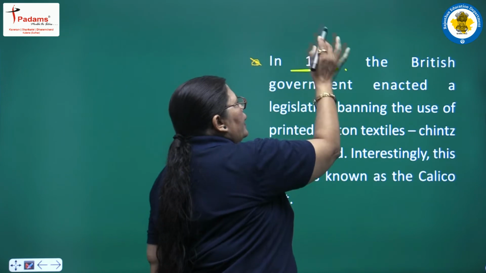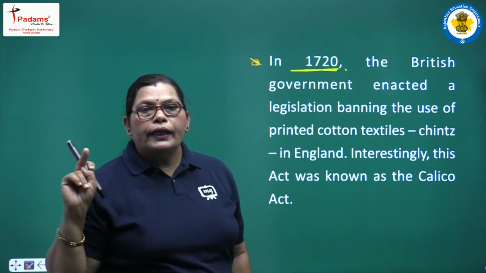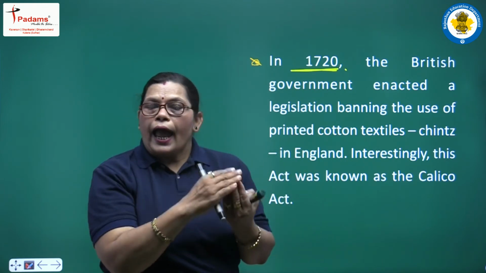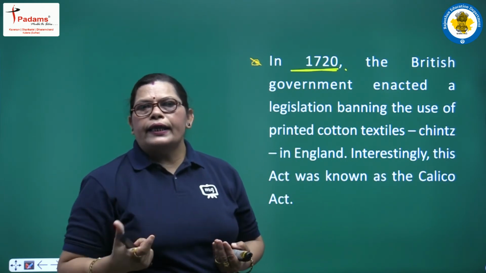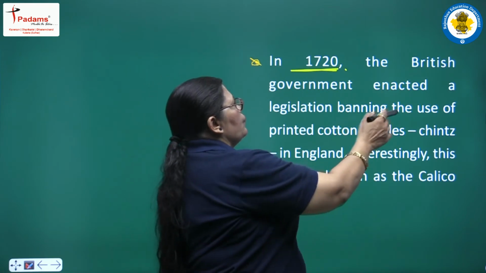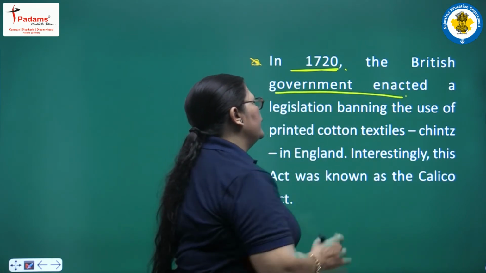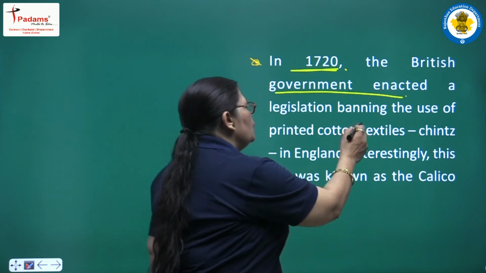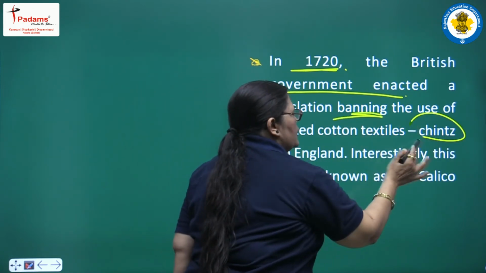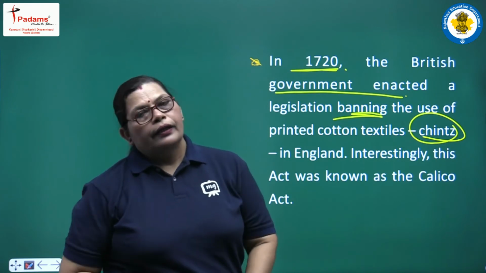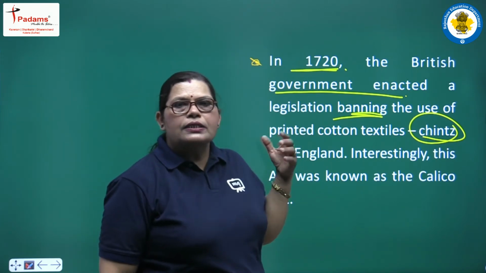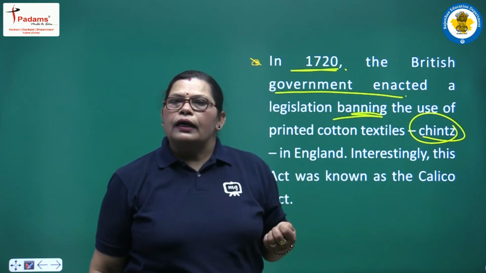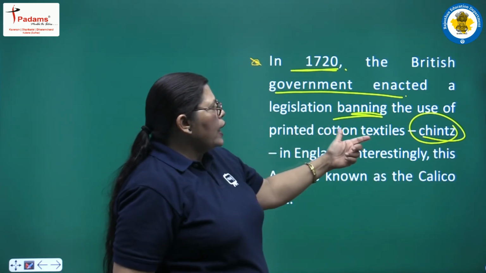In 1720, we discussed one name, calico. We discussed this name here also in another way. See what is the other way? In 1720, the British government enacted a legislation banning the use of cotton textile, especially chint, in England. As we discussed, chint was worn by the Queen of England herself, but it was banned.